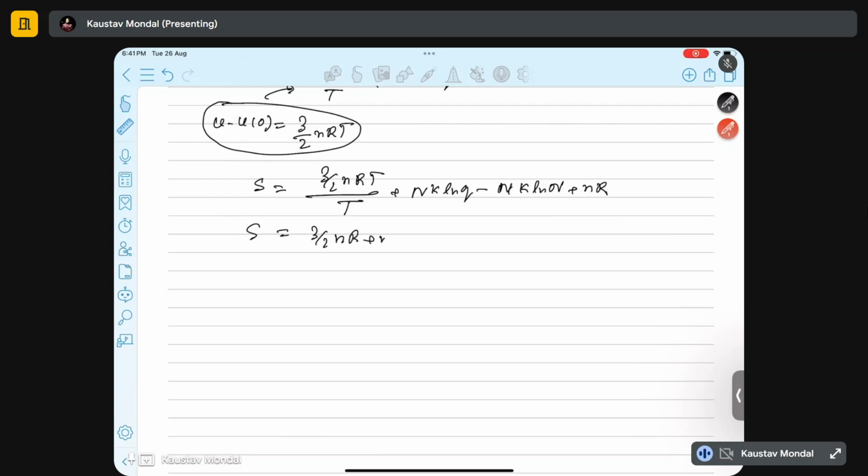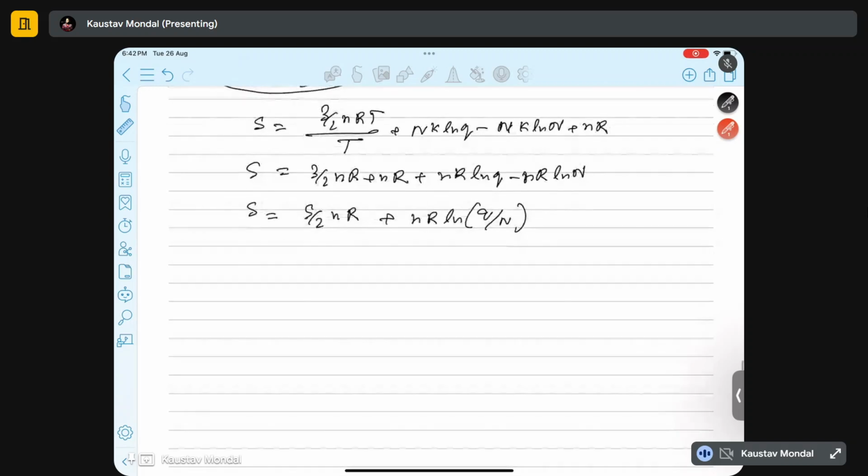There will be another nR coming from the expression nk ln Q minus nk ln n. Here also we can substitute all these nk's with nR. nR ln Q minus nR ln n. So S would be 5 by 2 nR plus nR ln Q by n.